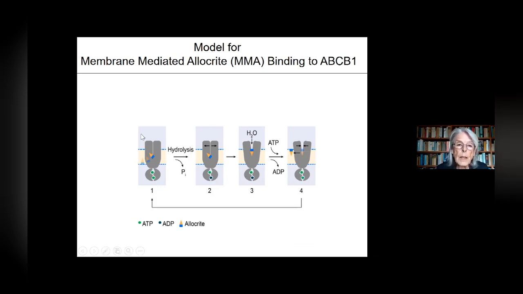So this is maybe surprising if you are used to the alternating access model, but Camilo Perez and Locher also observed or suggested a similar approach, a similar model, for a glycolipid.